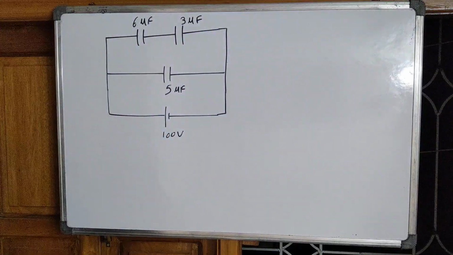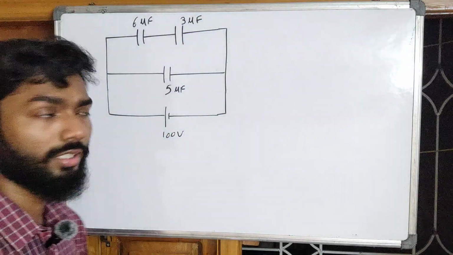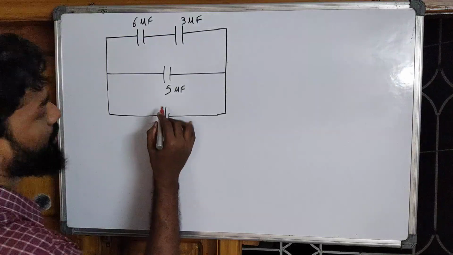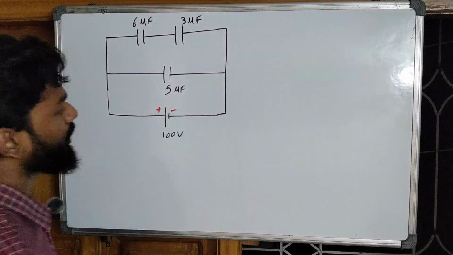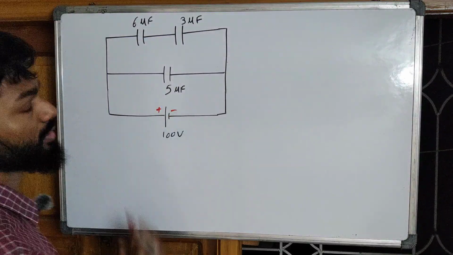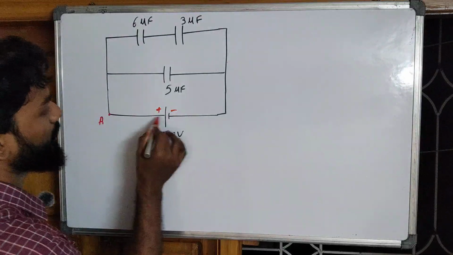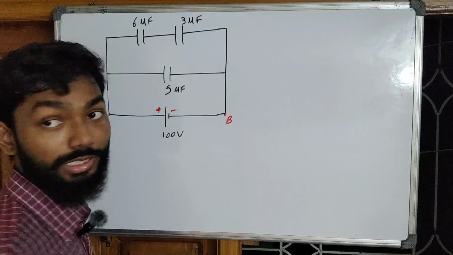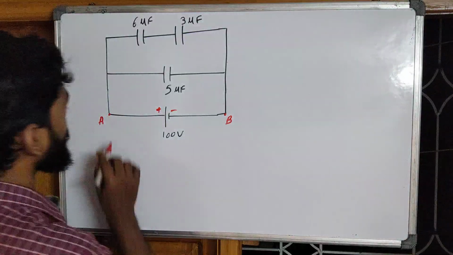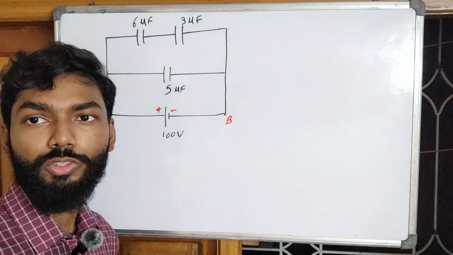So let's do this right now. Charge and potential. I've taught you in the previous lecture, there is a positive terminal and a negative terminal. Let's name them: the positive terminal is A, the negative terminal is B. As long as the connection is the same, the potential will also be the same.